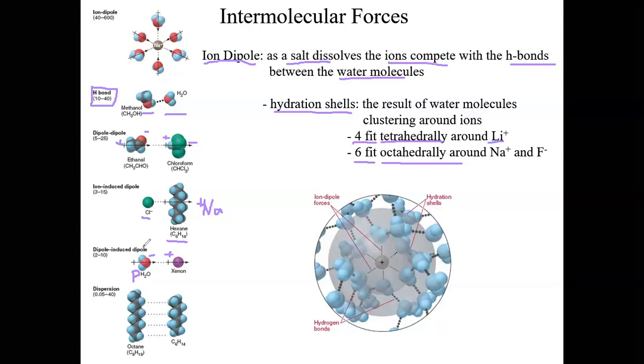So again, dipole-induced dipole, you got to have a polar compound and a nonpolar compound, like a polar solvent and a nonpolar solute. Now with dispersion forces, you just have to have two nonpolar compounds. So for example, octane and hexane, they're both nonpolar. They're going to be miscible in one another. So these are the different types of intermolecular forces that occur in solution.